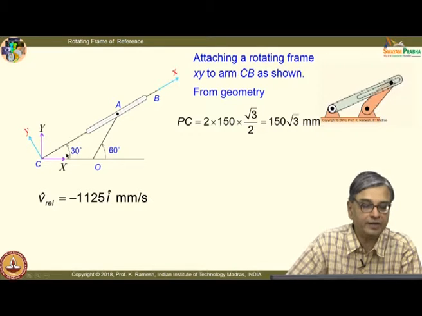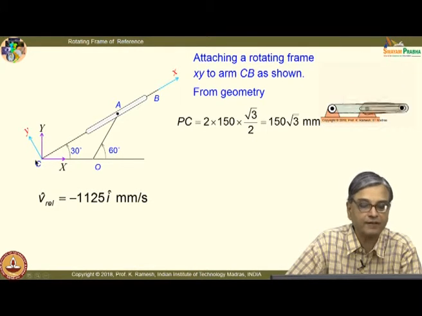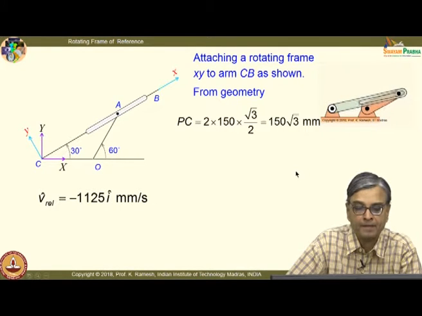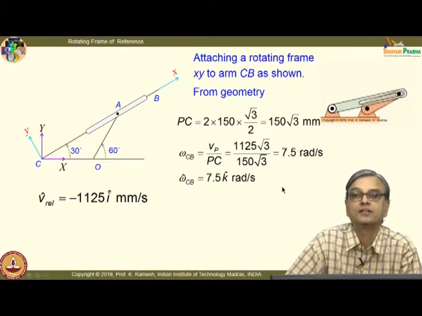And from geometry, we have already said that point P and A are coincident. So, I can find out PC as 150 root 3 millimeters, or CP as 150 root 3 millimeters. And we have already got VP. We know the length PC.